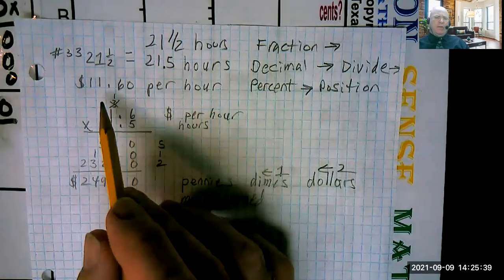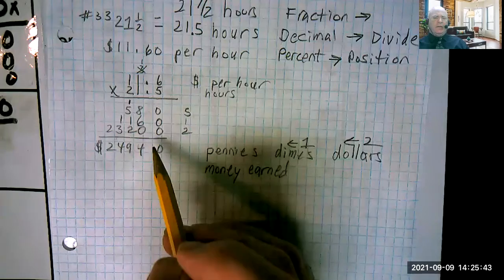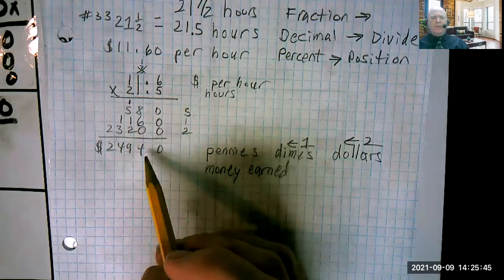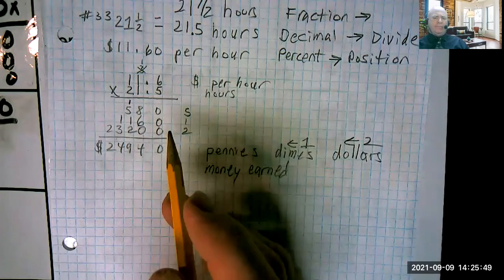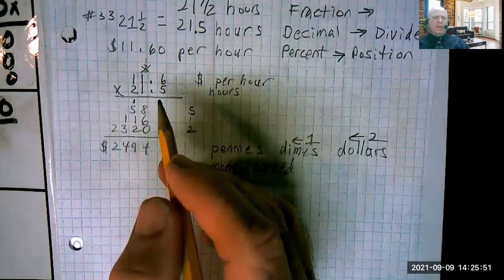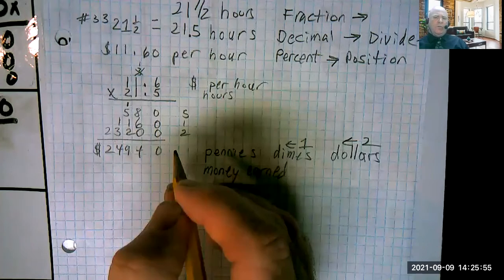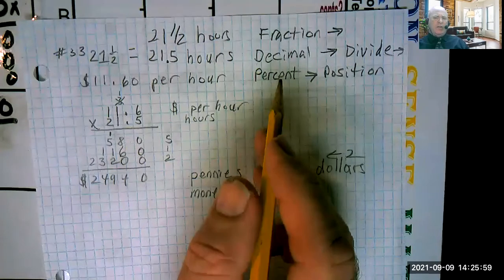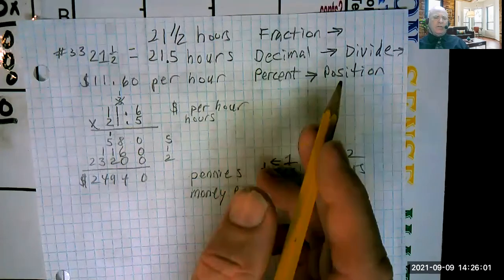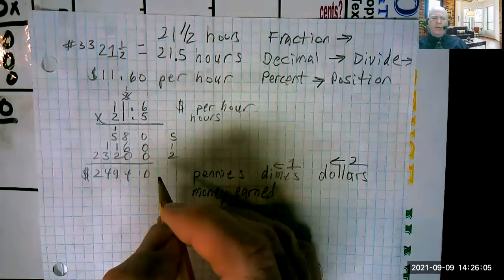And the same thing that I did on the mathematics chart, I did here. And I've got my decimals in there. And so we have to decide once we're done, that's how many pennies that we have. So when we're done, when we want to find out percent, we've got to change the position because that's 24,940 pennies.